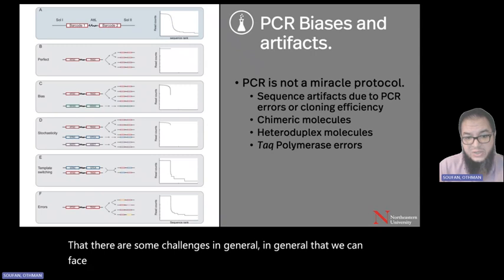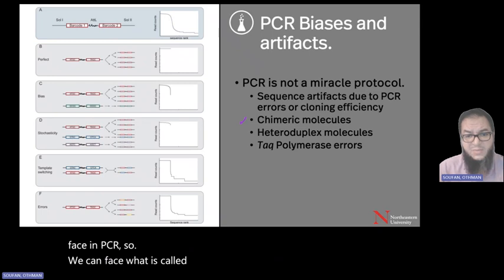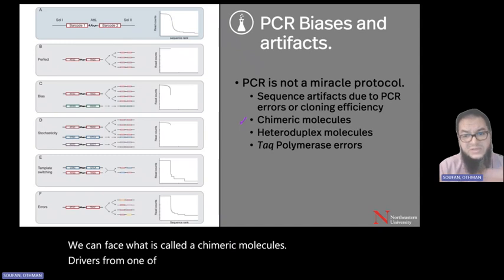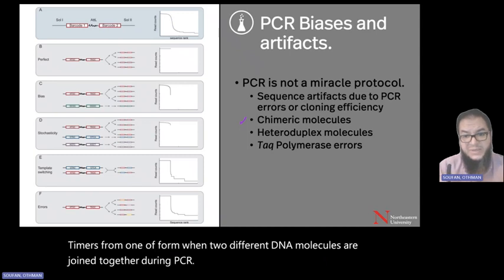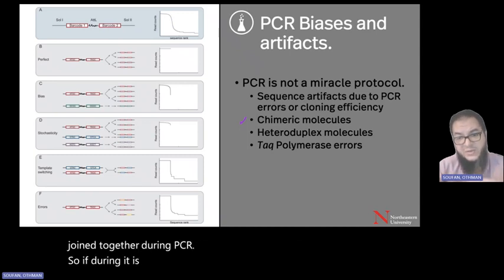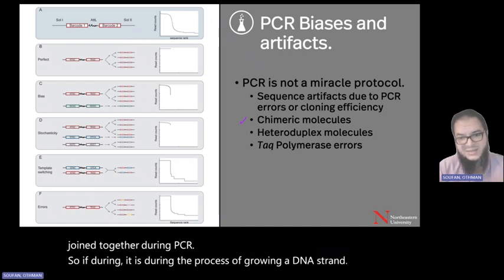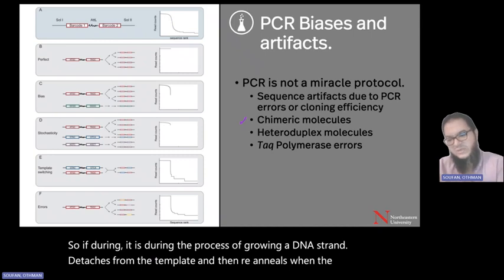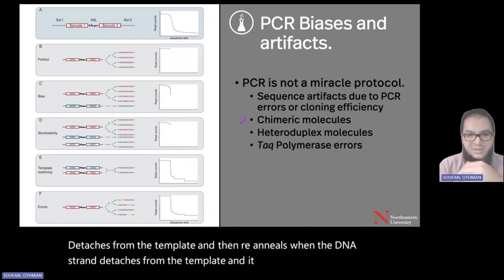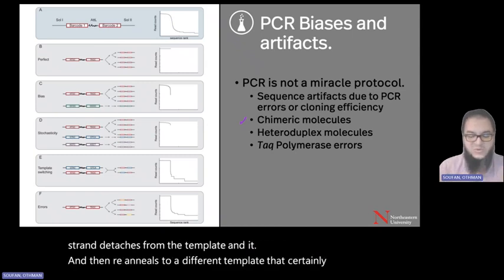But again, this gets me to the discussion that there are some challenges in general that we can face in PCR. So we can face what are called chimeric molecules. Chimeras form when two different DNA molecules are joined together during PCR. So if during the process of growing a DNA strand, the strand detaches from the template and then reanneals to a different template, that certainly can cause an issue.